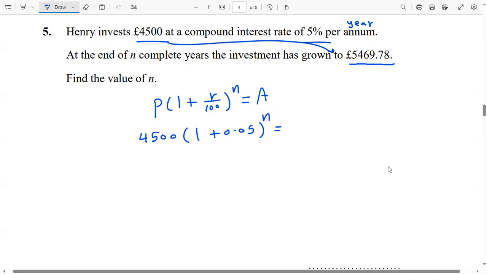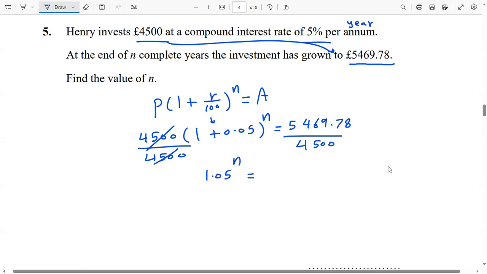Look at that, the amount increased, so for this reason we just write plus here. 5,469.78. Now I just divide each side by 4,500. Now I have only this: 1 plus 0.05, which is 1.05, to the power of n is equal to this division, which is approximately 1.2155 to 4 decimal places.